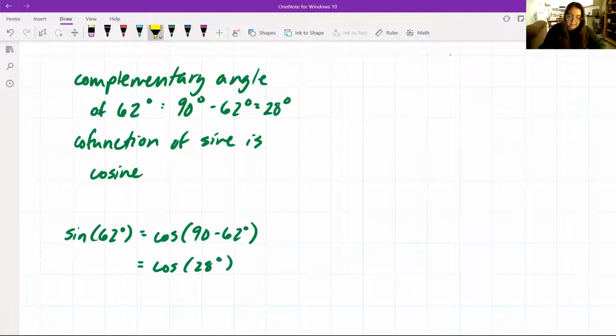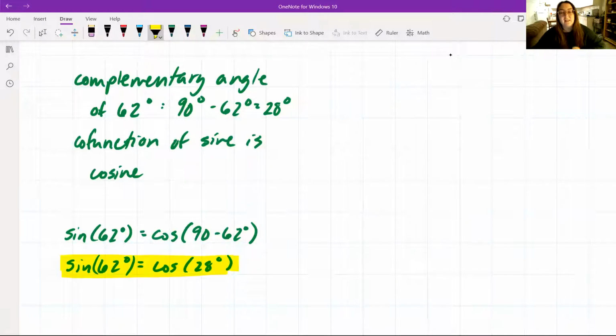So we're stating that sine of 62 degrees is equal to cosine of 28 degrees.